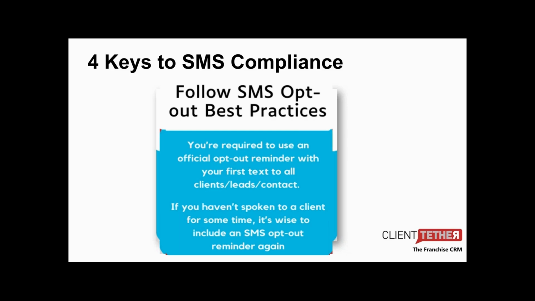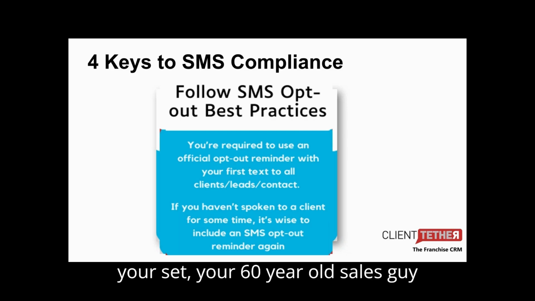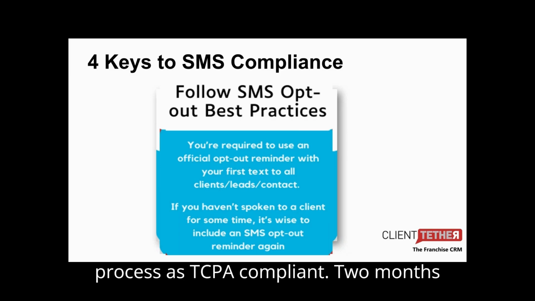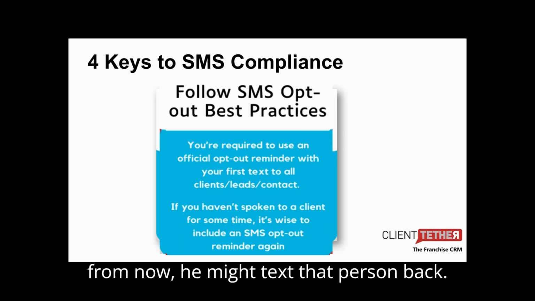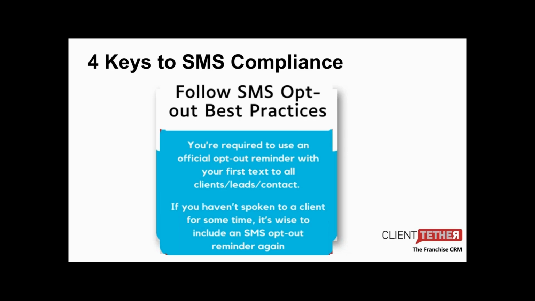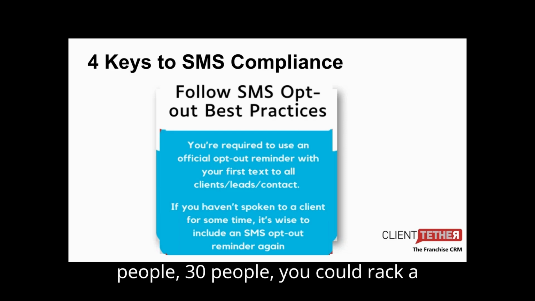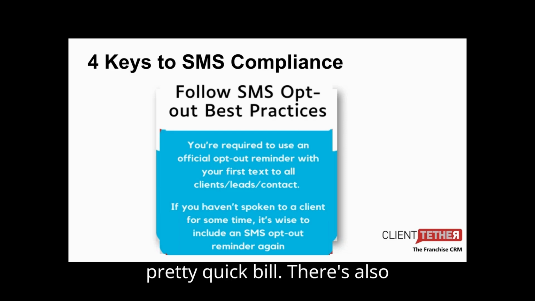But if Bob, your 60-year-old sales guy, wants to text somebody after they said, hey, I'm not interested, stop, well, he doesn't have an automatic opt-out process that's TCPA compliant. 2 months from now, he might text that person back. $1,500 is the fine if you violate TCPA per text. So if Bob goes off and starts texting 20 people, 30 people, you could rack up a pretty quick bill.